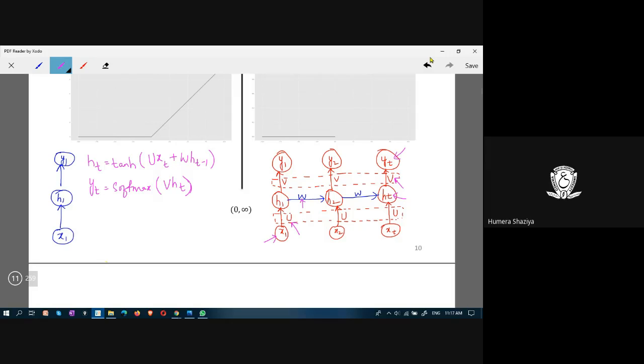For Ht as well, we have this Xt and this U, and this is Ht minus 1. These are the activation functions and operations that are performed, and this X is a feature vector.